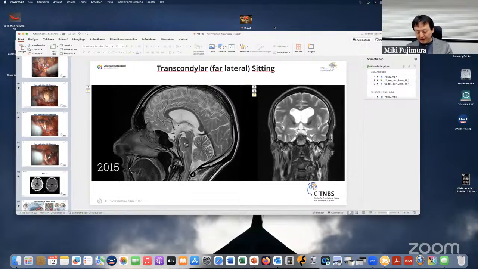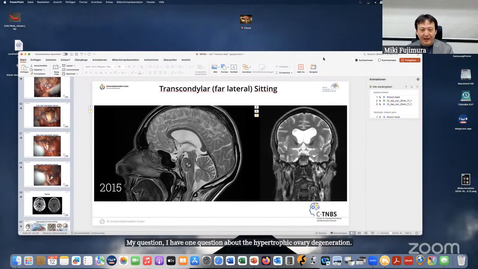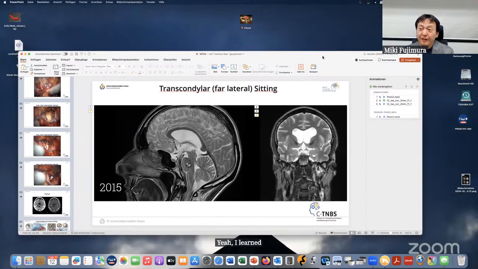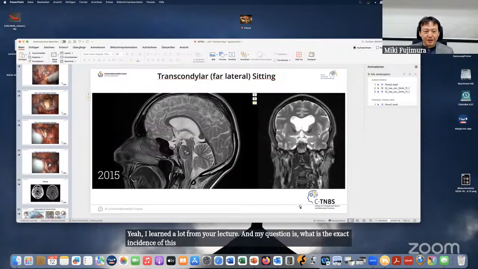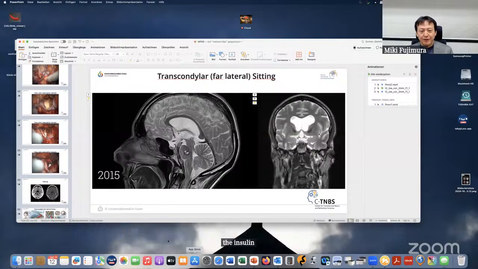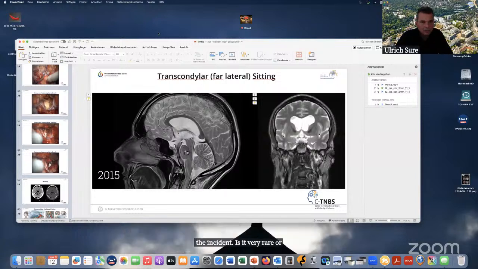I have one question about the hypertrophic olivary degeneration. I learned a lot from your lecture, and my question is, what is the exact incidence of this deleterious complication, because you have a huge series, so you know the incidence. Is it very rare or does it sometimes happen? Yes, when we checked our cases, we had, I think, 120 cases.